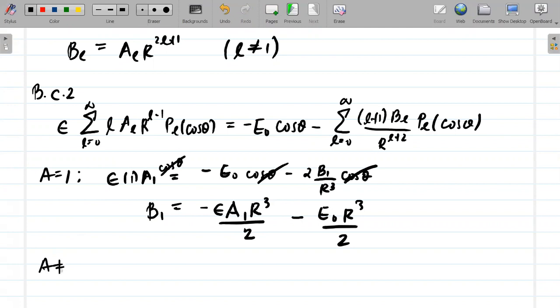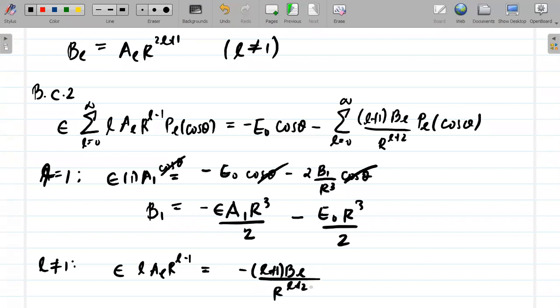And for L not equal to 1, bakit L equals 1? This is L equals 1. For L not equal to 1, we have epsilon L, A_L, R to the L minus 1 equals negative L plus 1 B_L over R raised to L plus 2. Now, bale, B_L, that is equal to negative epsilon L over L plus 1.